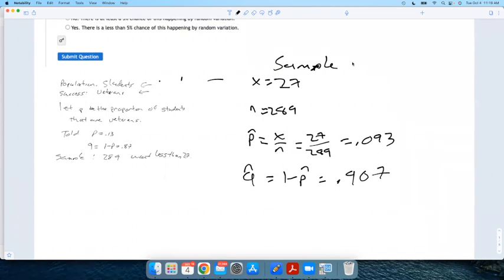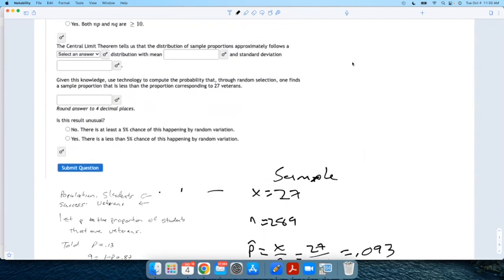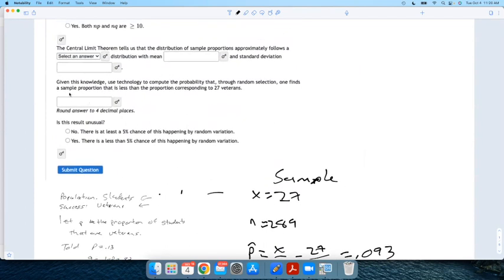I can't ask any follow-up questions. So unless a question specifically says check the conditions, don't worry about checking them, because you know you're going to meet them. Otherwise, they can't ask a follow-up. Here, the fact that they're asking me to actually give a numerical answer means I know I'm going to meet these conditions.